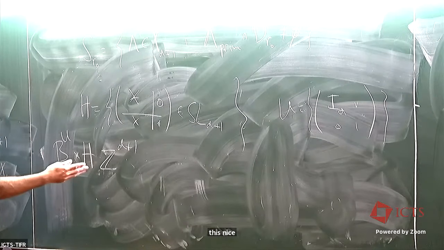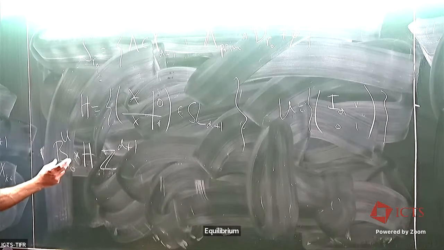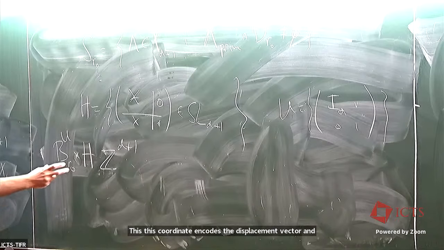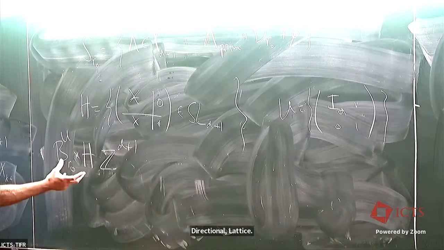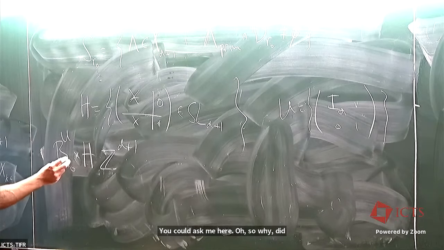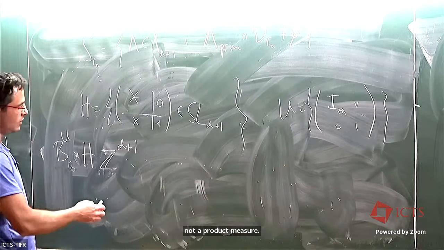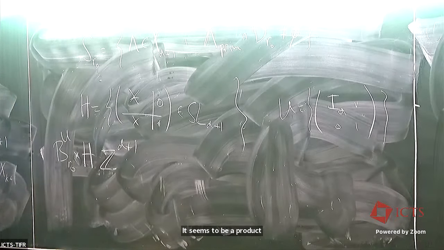Right, now you may think, so this coordinate encodes the displacement vector, and this coordinate encodes a bit more information than the directional lattice. You could ask me here, so why did you say that it's not a product measure? It seems to be a product measure, but recall that not all of the cross-section detects best approximations.